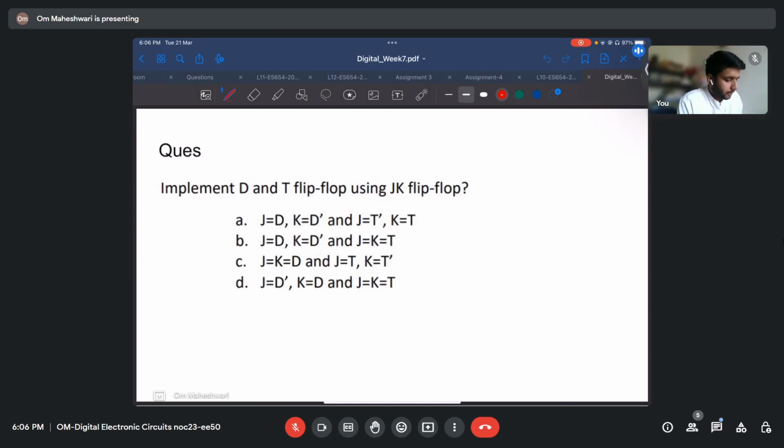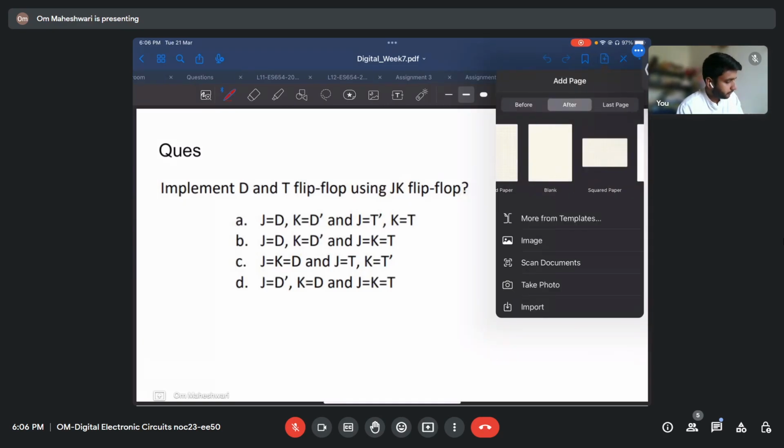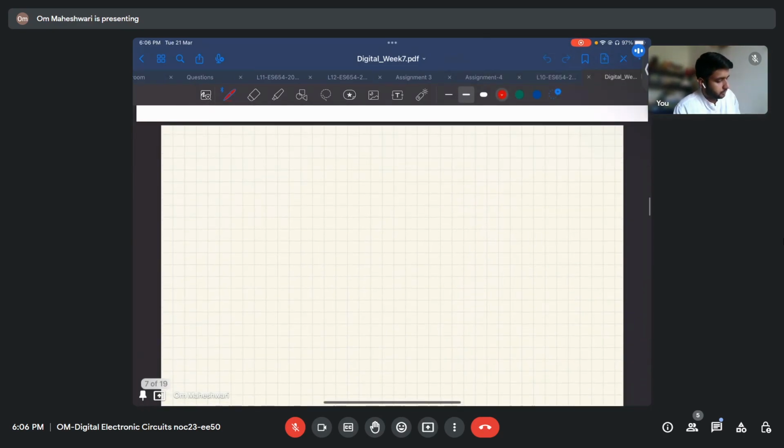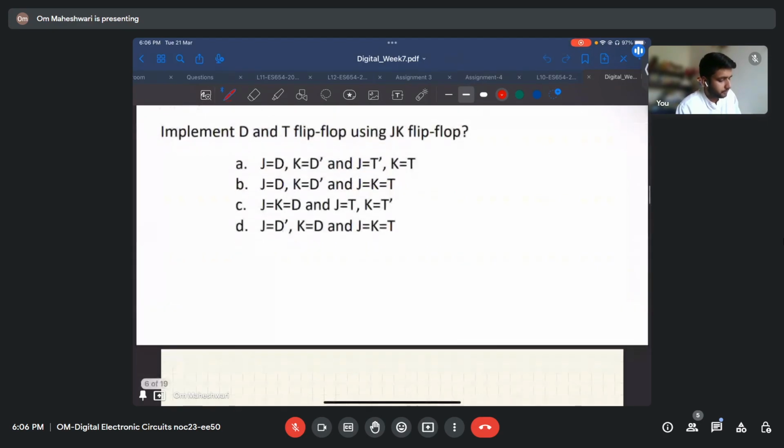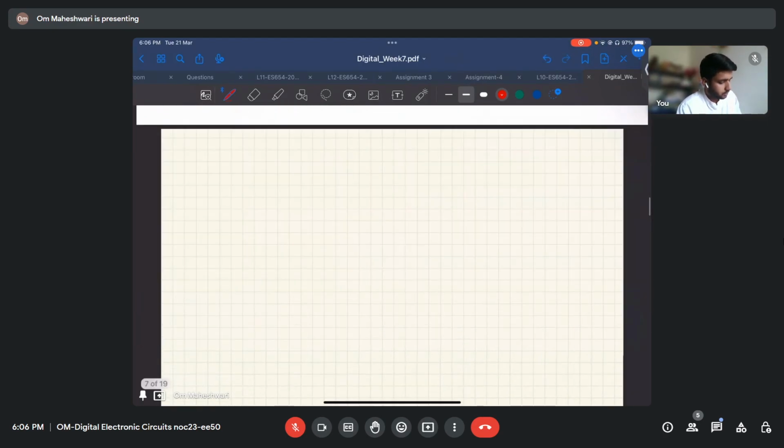So the first question is implement D and T flip-flop using JK flip-flop. Let us take it one by one. Let us first take D flip-flop using JK flip-flop.